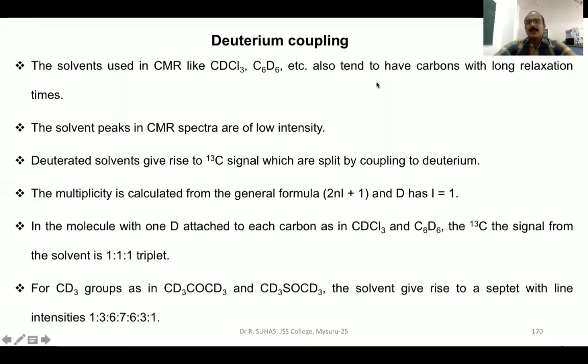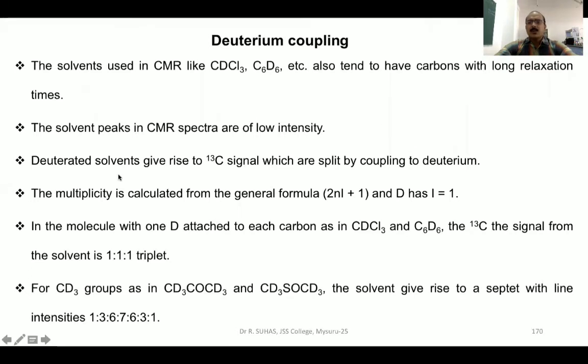As a result, this will have very long relaxation times, and hence the peak intensity resulting from the solvents will be very low. The solvent peaks in the NMR spectra are of low intensity because of the very long relaxation time and also the small NOE effect.